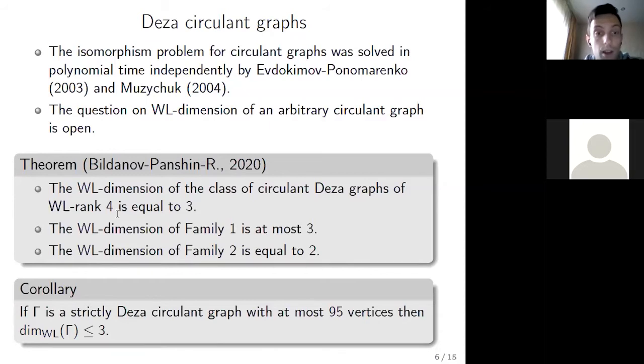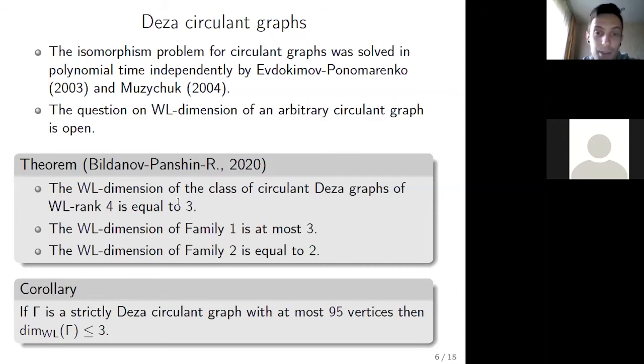The second item, the Weyl dimension of graphs from family 1 is at most 3. Here we don't know exactly whether this Weyl dimension is equal to 3 or maybe it is equal to 2. The proof of the fact that it is at most 3 is quite short and nice. But to check whether it is exactly 2 or exactly 3 is a complicated routine task, and maybe there are no reasons to write many pages for this.